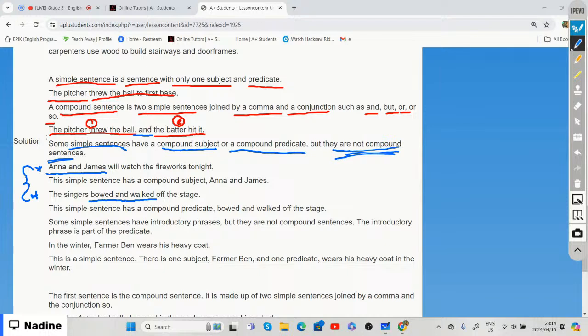In the sentence the singer bowed and walked off the stage, there is a compound predicate, and the compound predicate is bowed and walked off the stage. That is the action that was being done.